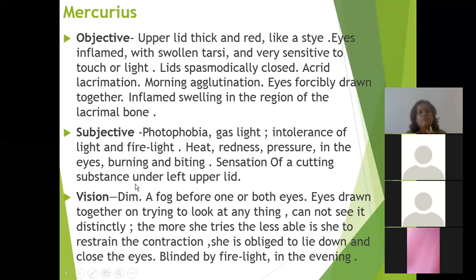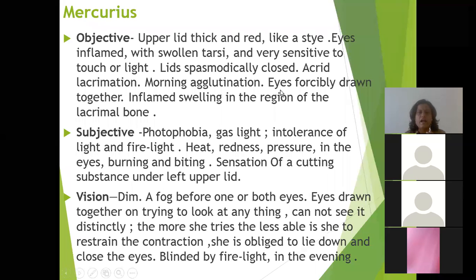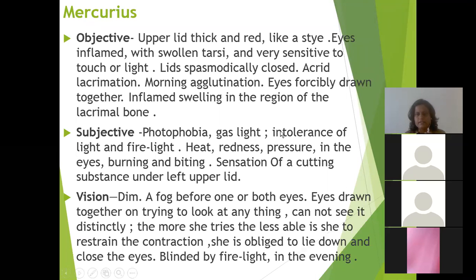Objectively the patient shows upper lids thick and red like styes, eyes inflamed with swollen tarsi and very sensitive to touch or light, lids spasmodically closed, acrid lacrimation, morning agglutination, eyes forcibly drawn together, inflamed swelling in the region of the lacrimal bone, photophobia, intolerance of gaslight, firelight, heat, redness, pressure in the eyes, burning and biting, sensation of cutting substances under the left upper lid.